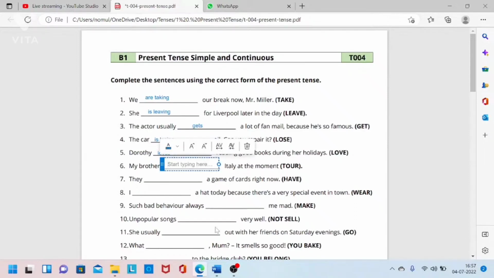my brother dash Italy at the moment. So my brother is touring. Okay, my brother is touring Italy at the moment.